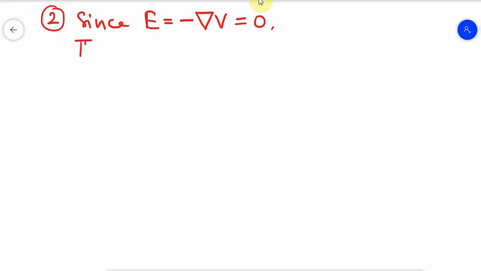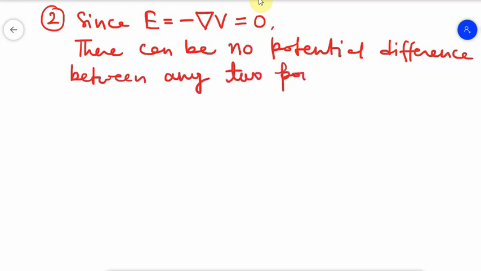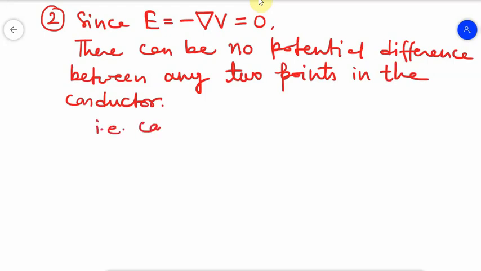That means that the conductor is an equipotential body.